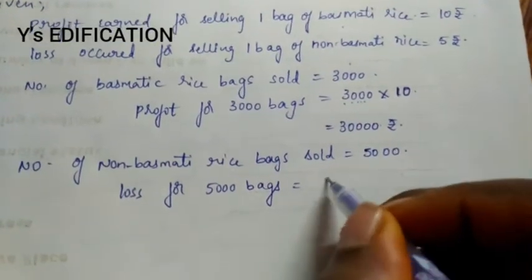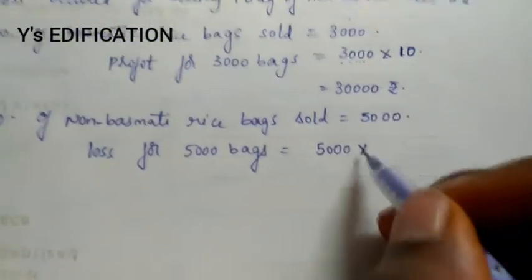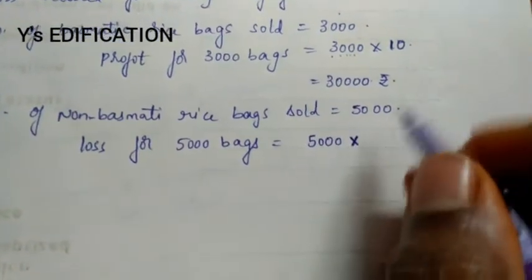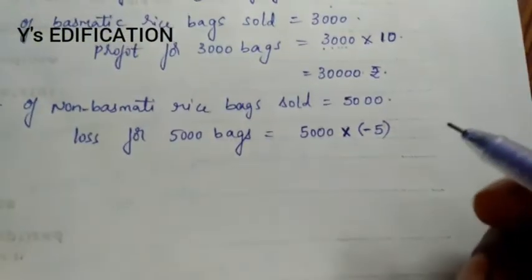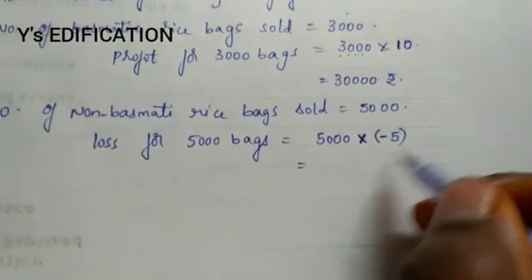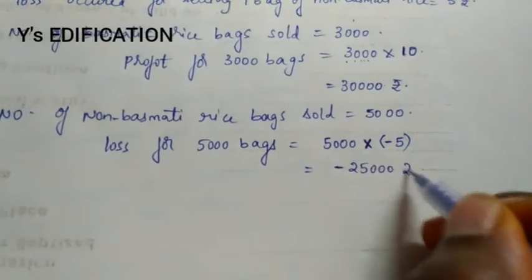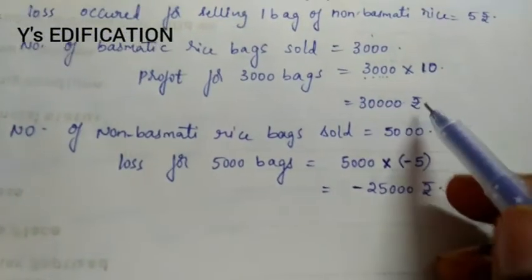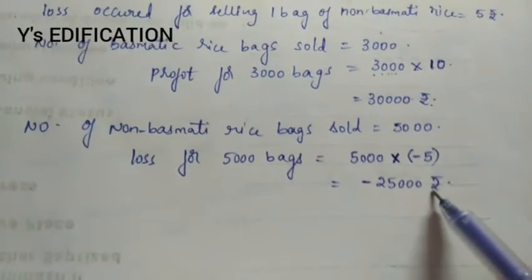Loss occurred for 5000 bags is 5000 into, here loss is 5 rupees. Okay, loss means we have to write -5. Okay, the number will be reduced. So 5,000 into -5 is -25,000. Okay, so he got a profit of 30,000 rupees and a loss of 25,000 rupees.